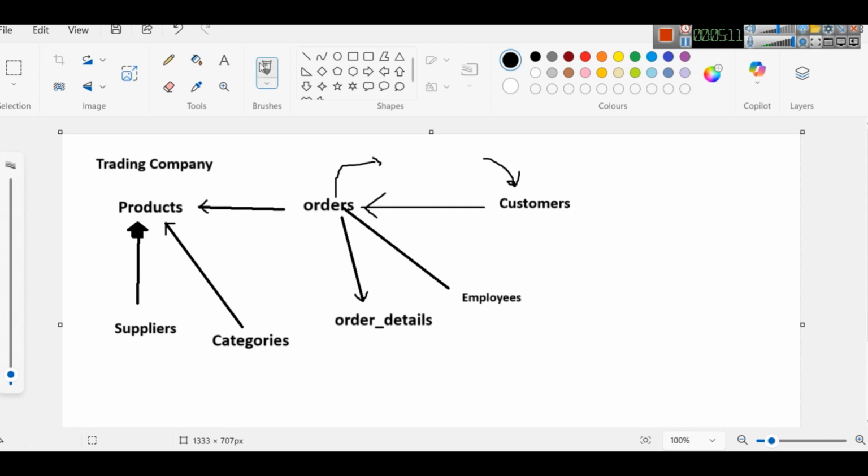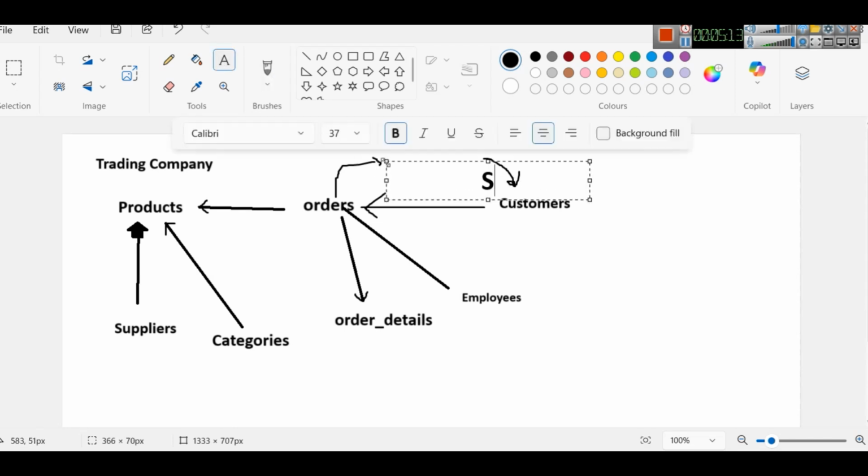And who is sending them? We have shippers. Basically, when you order something, a shipper will arrive at your door, and you will receive the order from that shipper. Like some guy from that shipper's company comes to you.